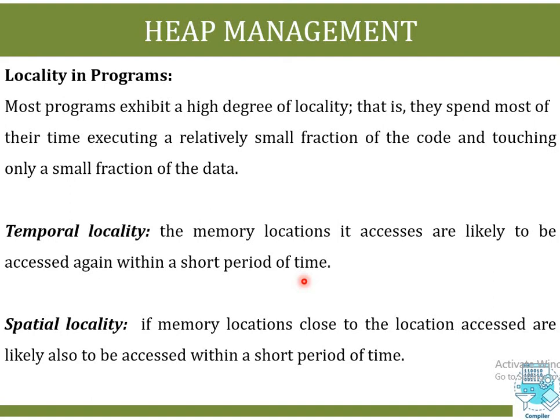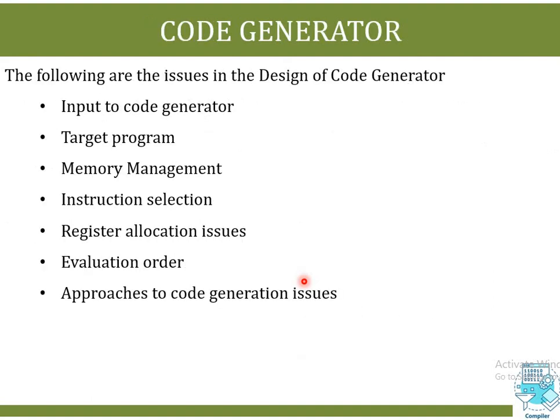If you execute the instruction in the 10th line, it is more likely that the next line, the 11th line, will be executed soon. That is called spatial locality. These are the two types of locality: temporal and spatial.